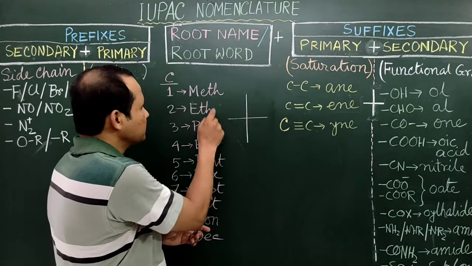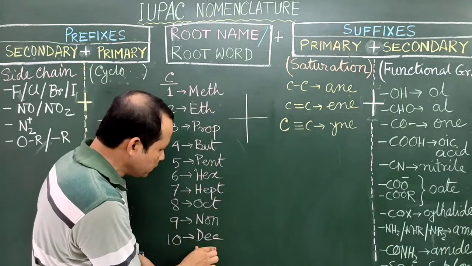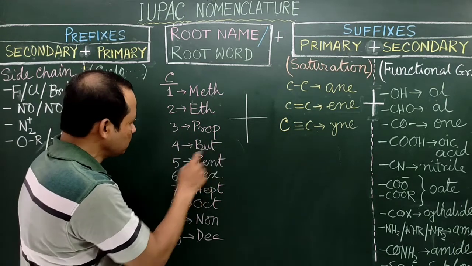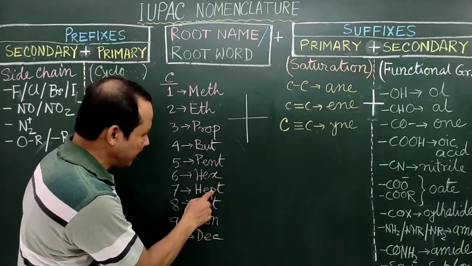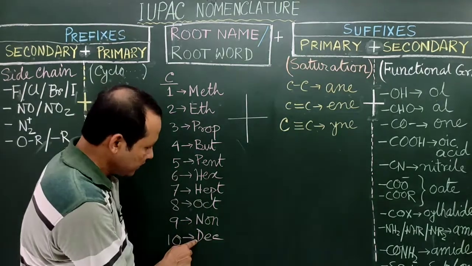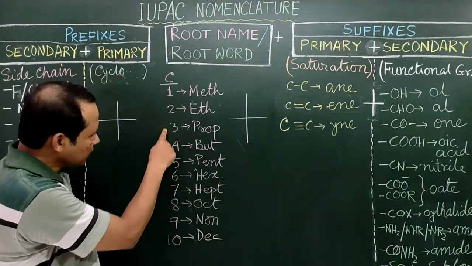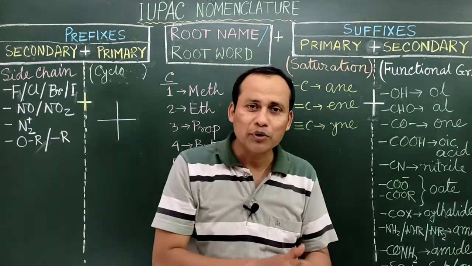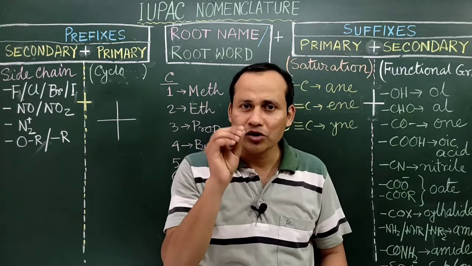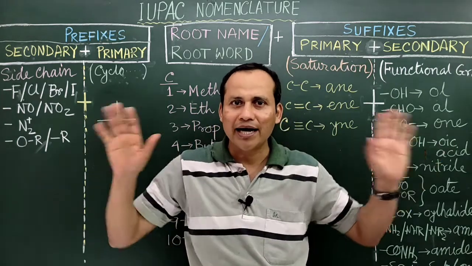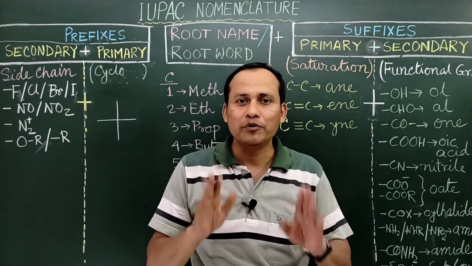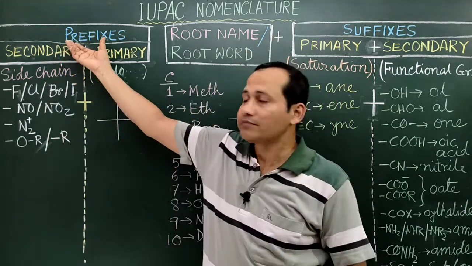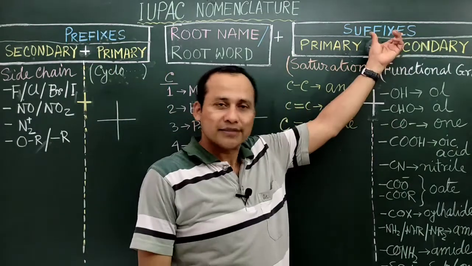And in this way up to 10: for 3 it will be prop, for 4 but, then pent, hex, hept, oct, non, dec. In this way, depending on the number of carbon atoms, the root names will come. So up to this, just know this thing. In order to give the IUPAC name, basically we have to know three things: first of all, the root name, then prefixes, then suffixes.